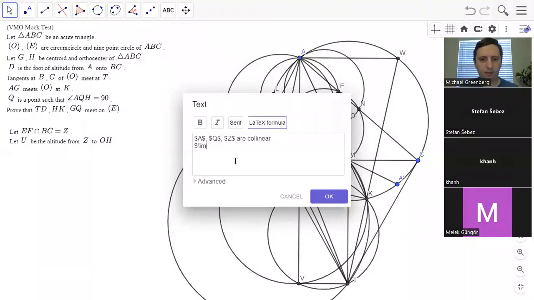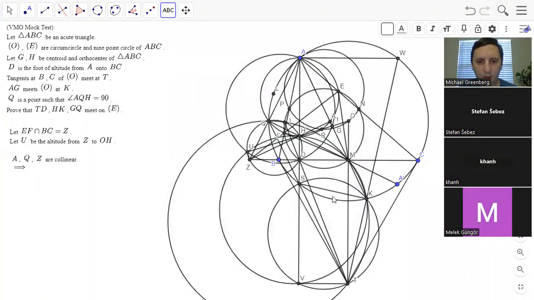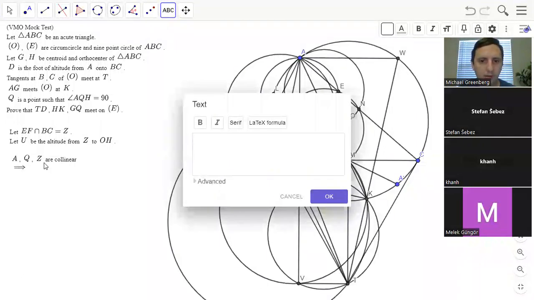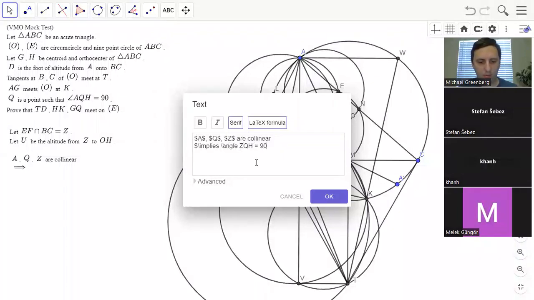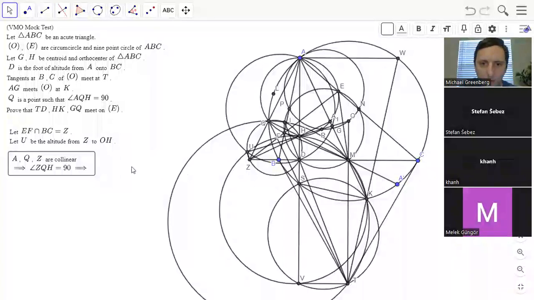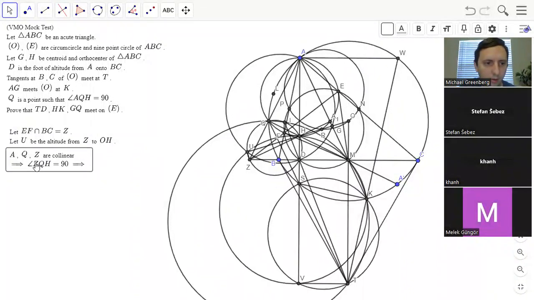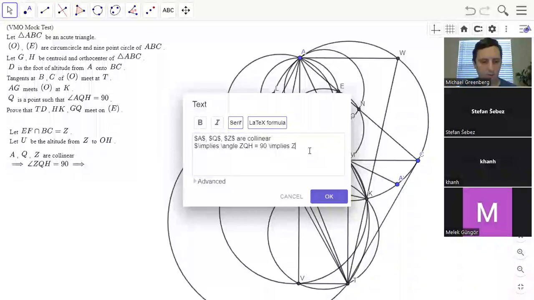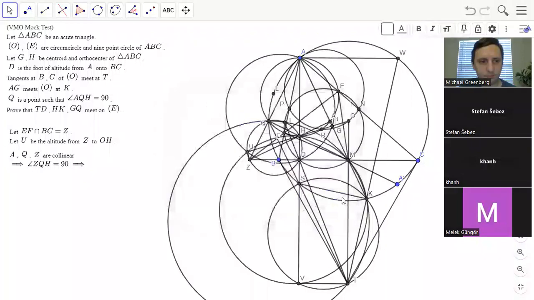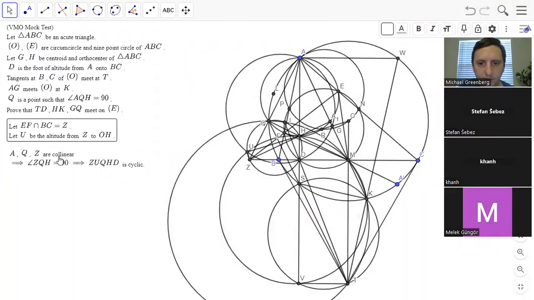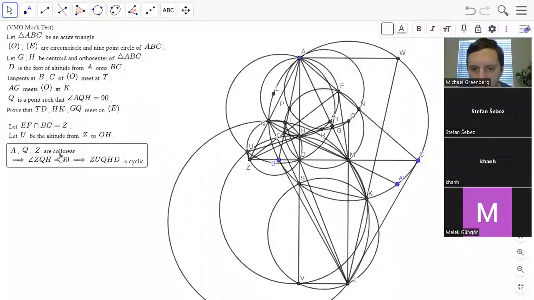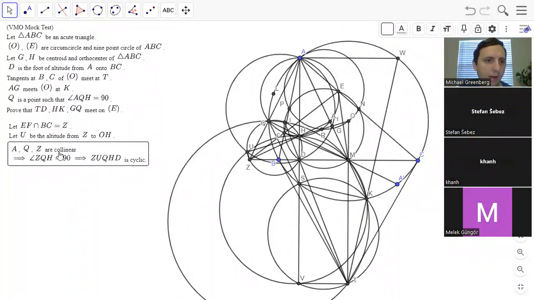And that means that angle ZQH is 90. That means that ZUQHT is cyclic. And then let TD intersect this circle at I.